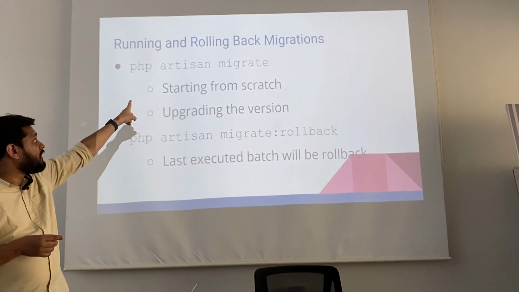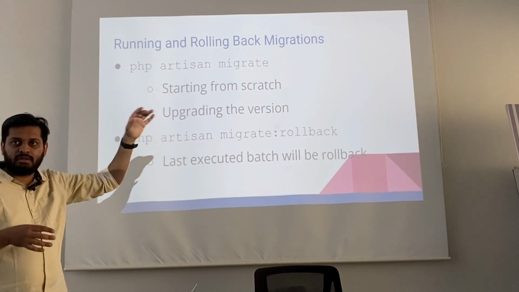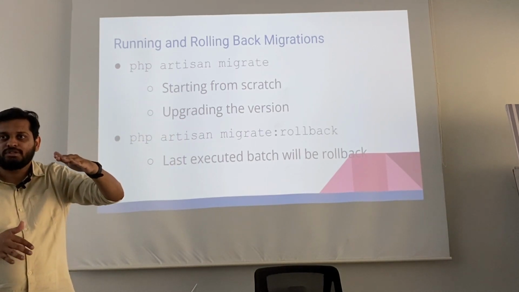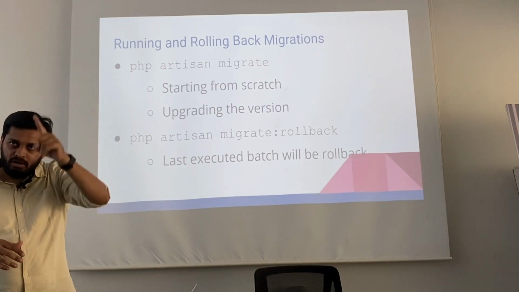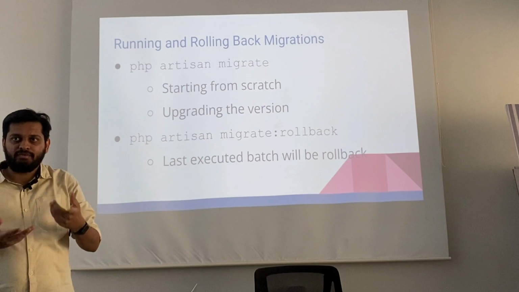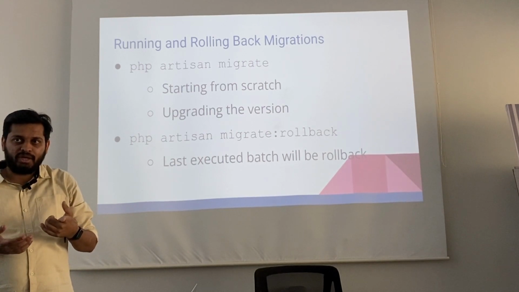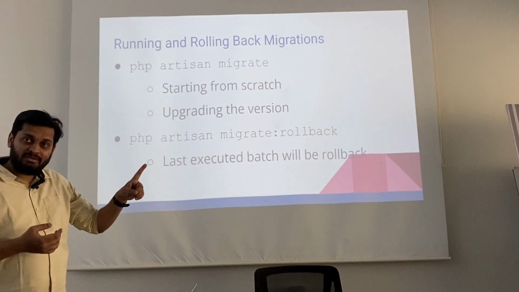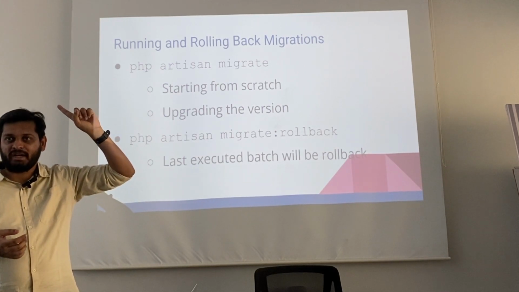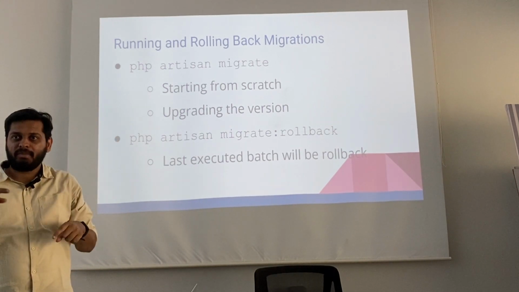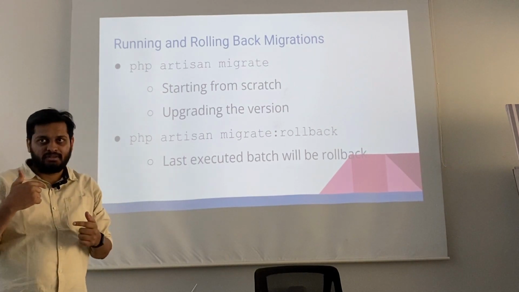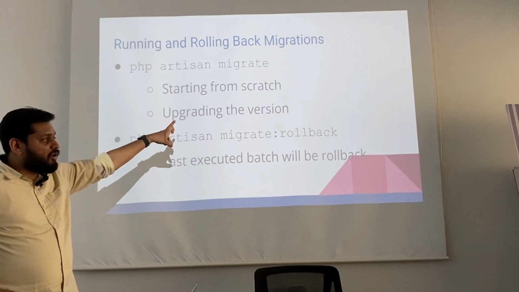So when we run php artisan migrate, let's say there are 10 migration files. All the 10 migration files will get batch id 1 if we are doing it the first time. So when we roll back, all the migration files with batch id 1 will be rolled back. Clear?